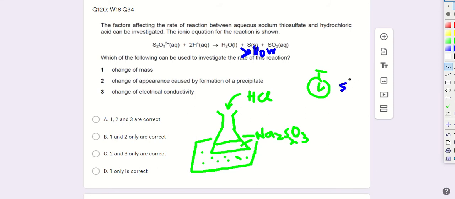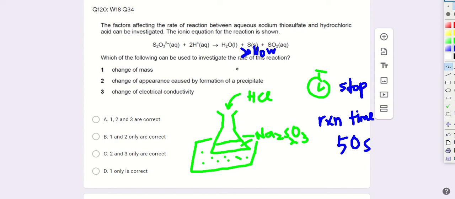Then we stop the timing. We record that as reaction time, in seconds. Let's say 50 seconds, depending on the concentration. So, we use the reaction time later to calculate the rate of reaction.